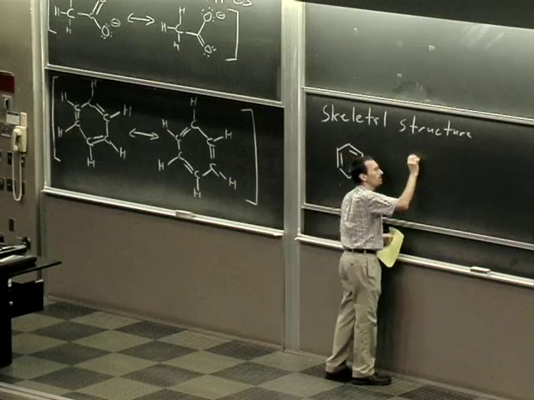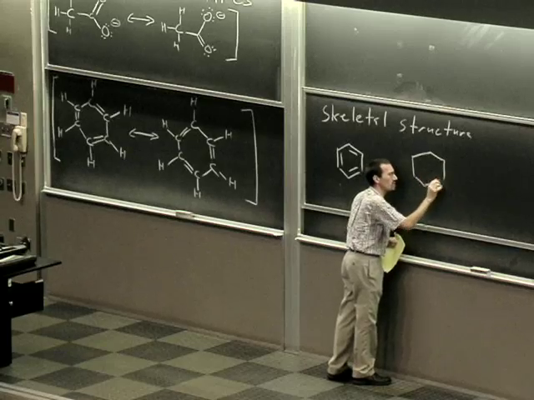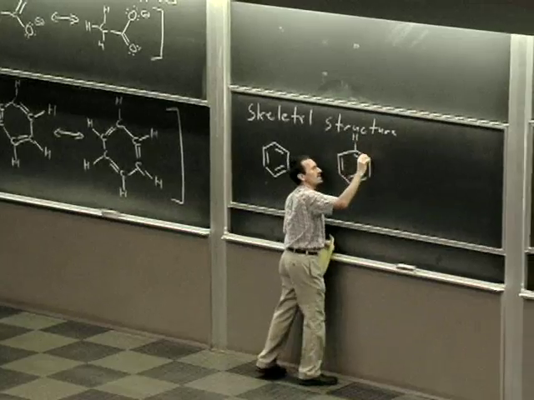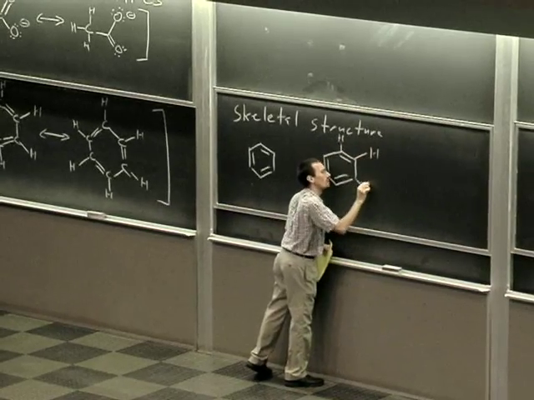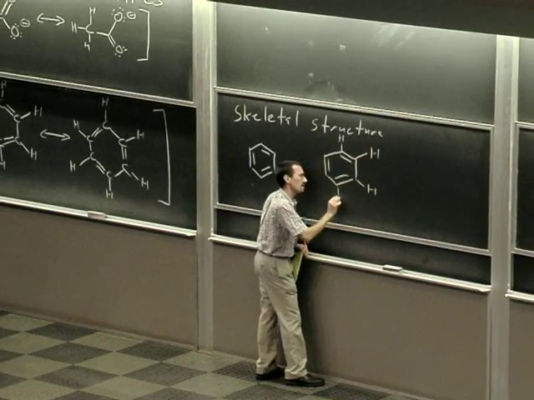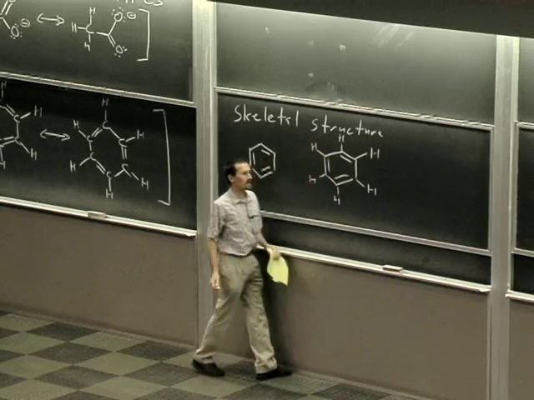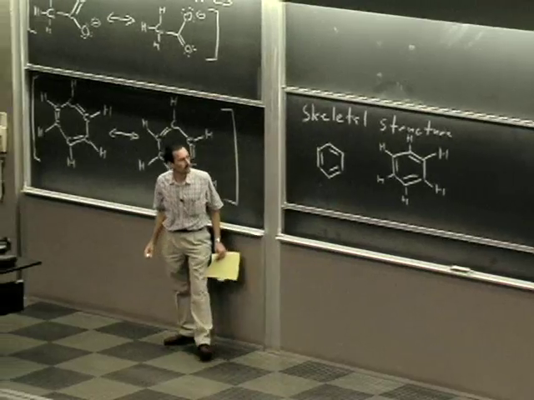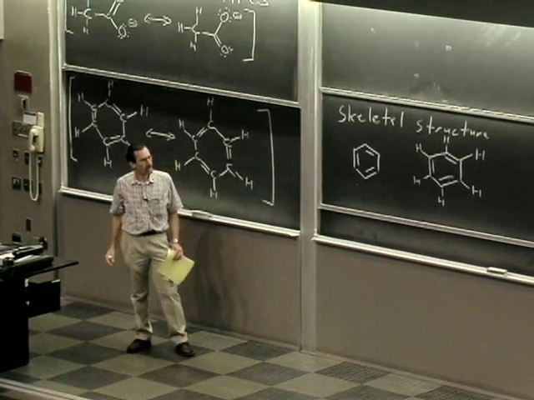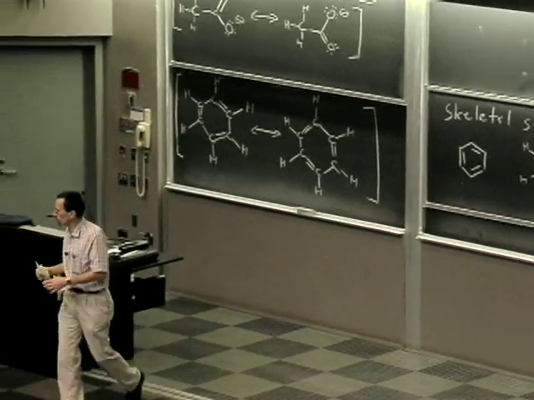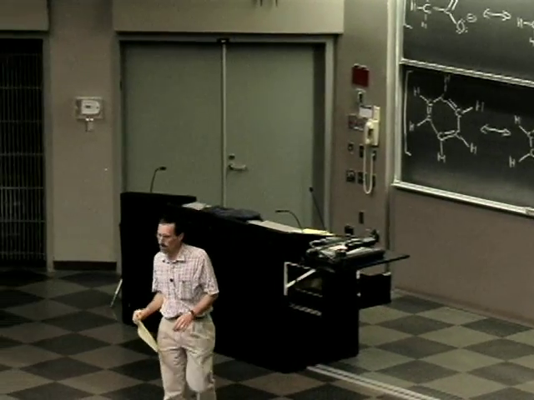In other words, implicit in this structure, and also another legitimate way of writing the structure would be something like so. And it's important to get in the habit of being able to read these structures and really think about them.